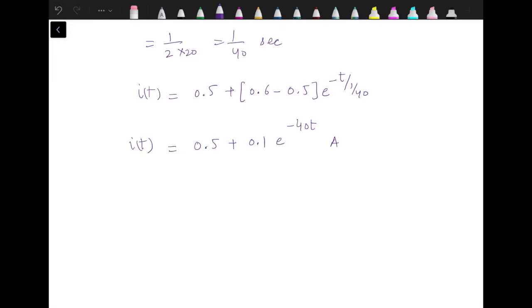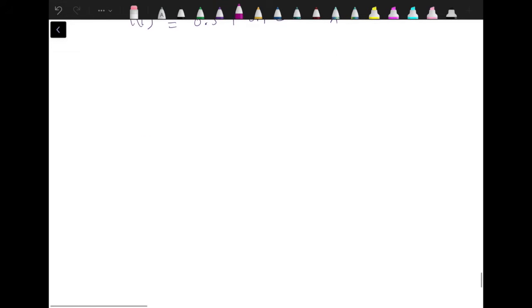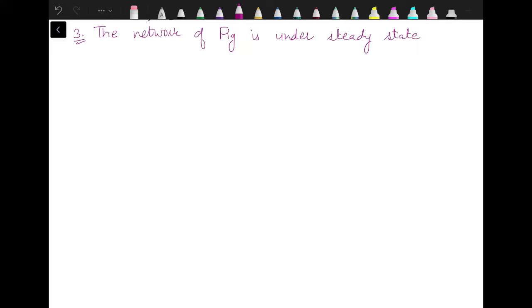Now let's move on to the last problem. The network of figure is under steady state with switch at position 1.